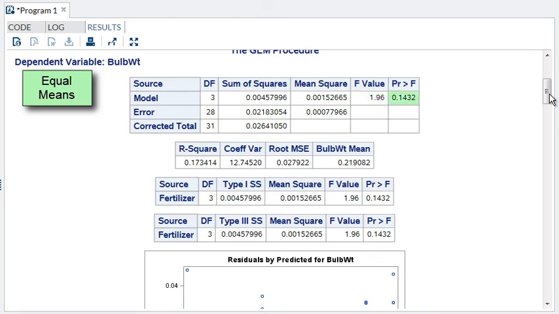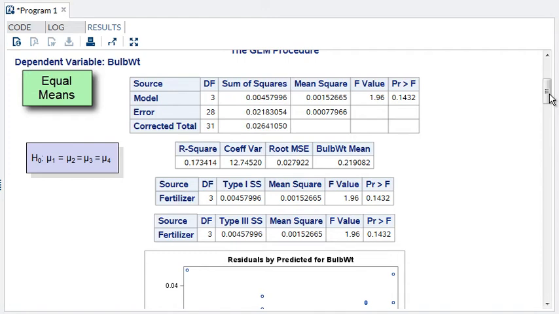Because the corresponding p-value of 0.1432 is greater than 0.05, you can conclude that there is not a statistically significant difference between the mean bulb weights for the 4 fertilizers. Remember, you are testing if the means for the 4 fertilizer types are equal, so you fail to reject the null.